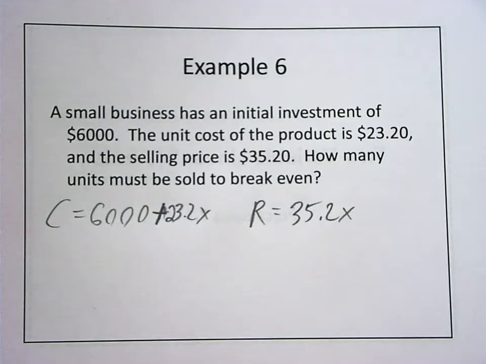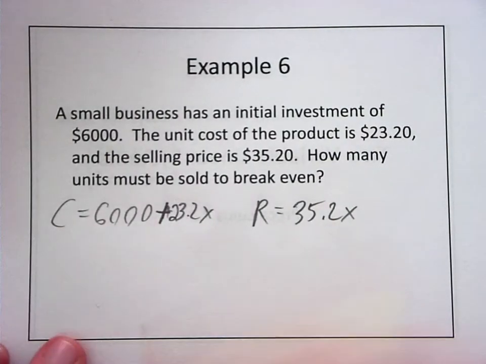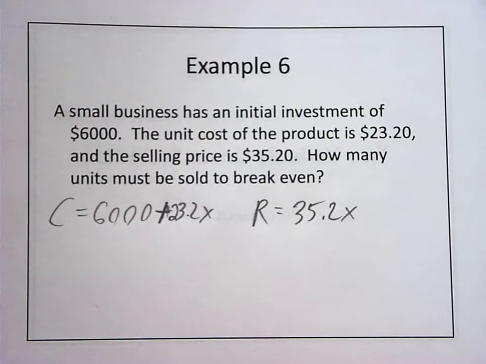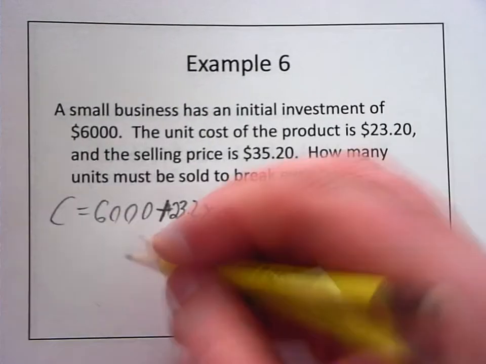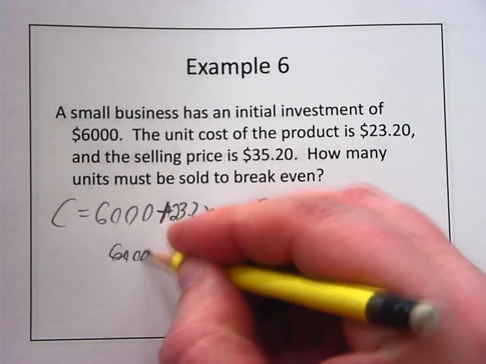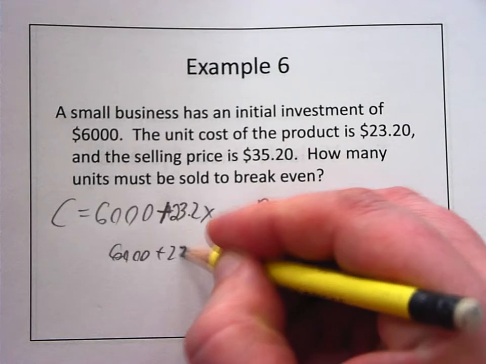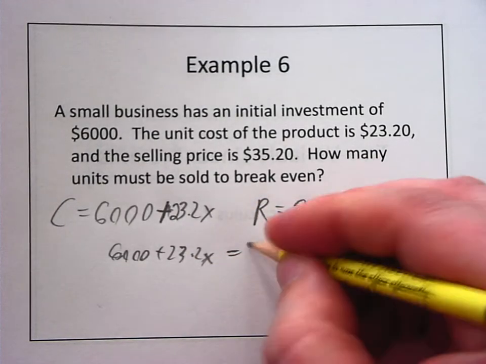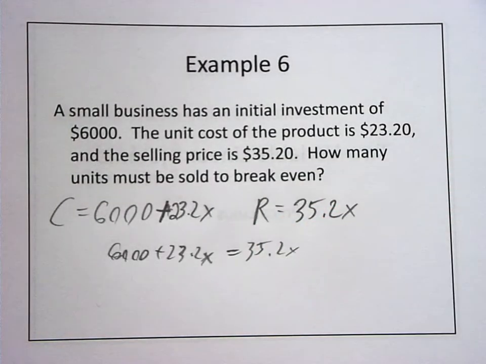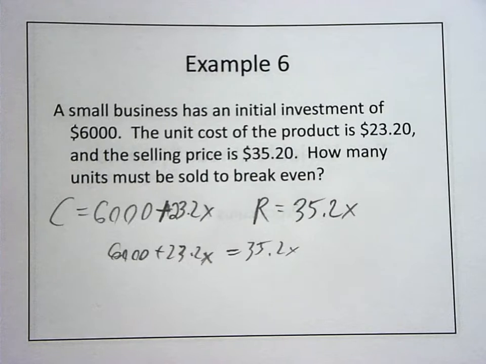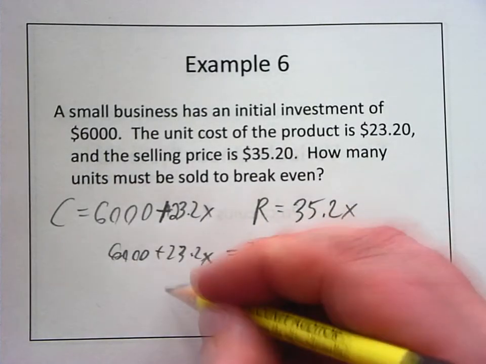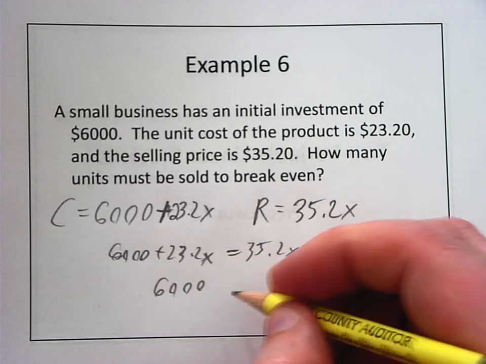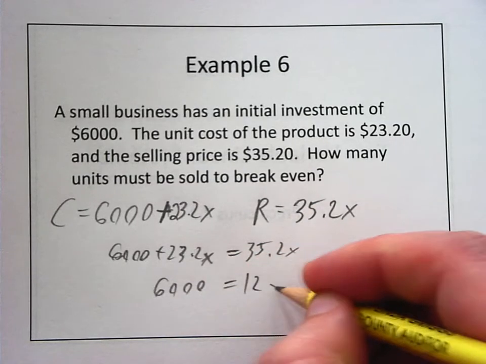Okay? So then, to find the actual break-even point, what do I do with these two? Set them equal to each other and solve. So I have 6,000 plus 23.2x is equal to the 35.2x. Then what? Subtract, and that's where you were getting the 12x from.